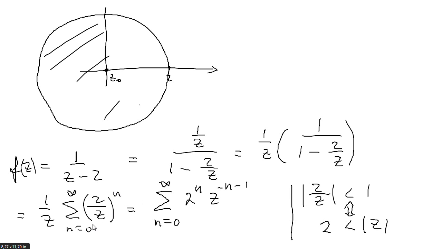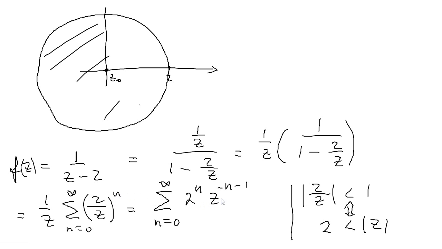And of course I must not forget to multiply with 1 over z, and multiplying 1 over z with each term inside this series, I obtain the following. And you know that we can replace this fraction by 2 to the power of n over z to the power of n.